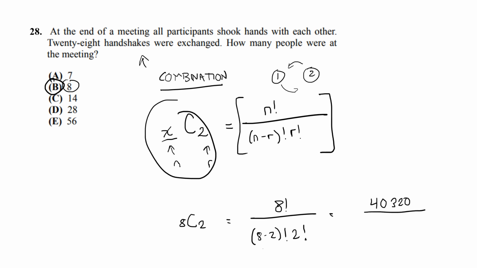We're going to divide that by, this is 6 factorial here, okay? So 6 factorial, that's 720 times 2 factorial, and that's just 2, okay? When we take these numbers, 40,320 divided by 720 divided by 2, we get to the answer we want, and that is 28, and that's 28 handshakes.